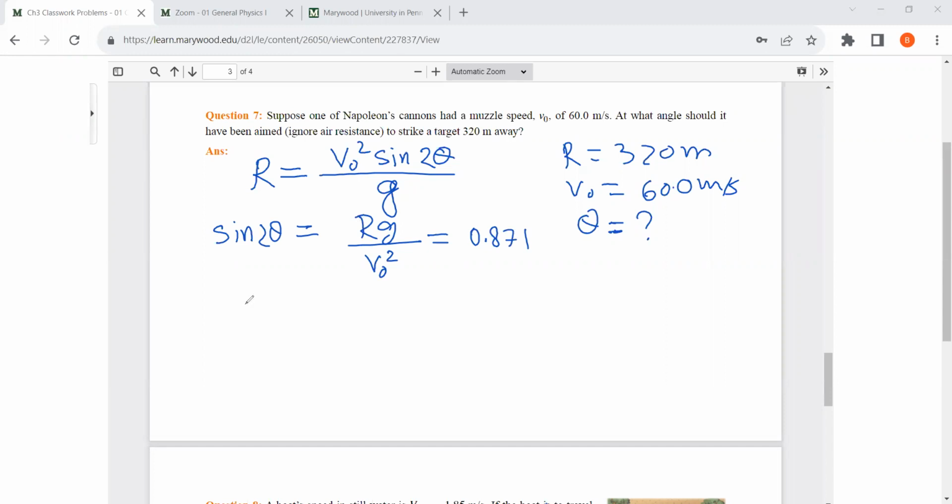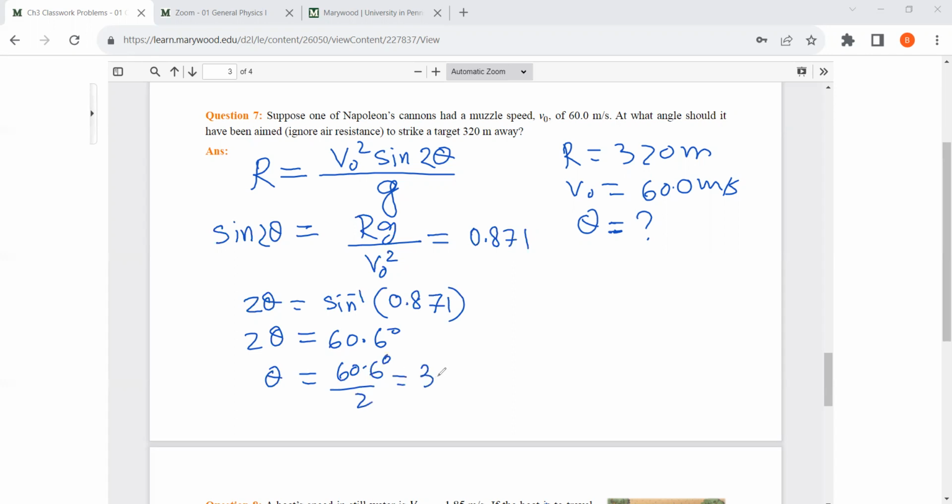Then 2 theta is sine inverse of 0.871, and that gives me 2 theta equal to 60.6 degrees. That means theta is equal to 60.6 divided by 2, so 30.3 degrees.